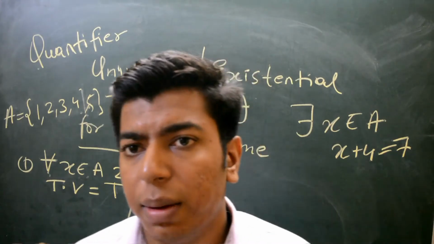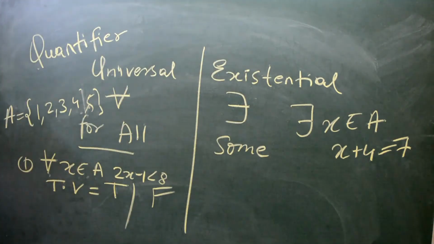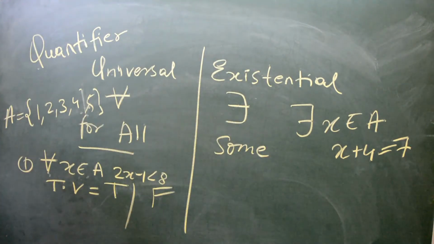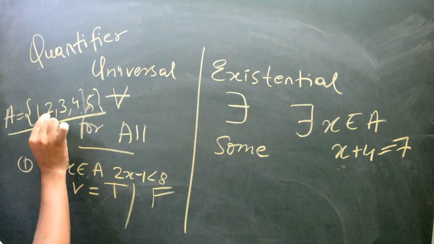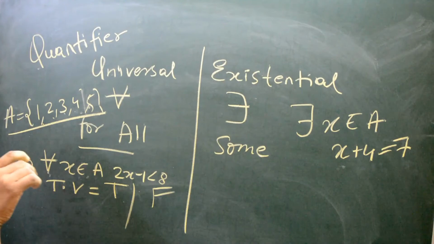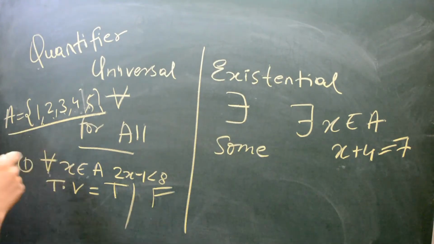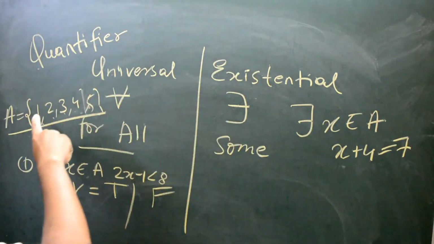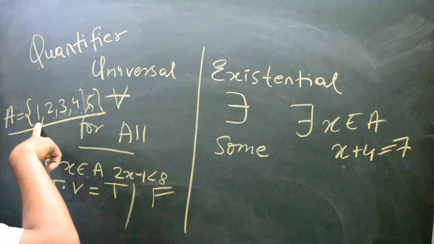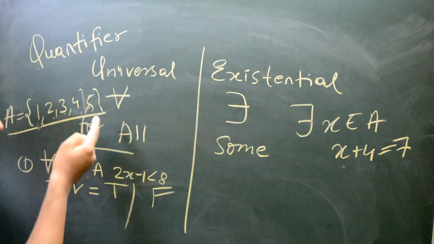Now we consider the similar set A, 1 2 3 4 5, put the values in one by one and check the condition. 1 plus 4 is 5, which is not equal to 7, don't worry.